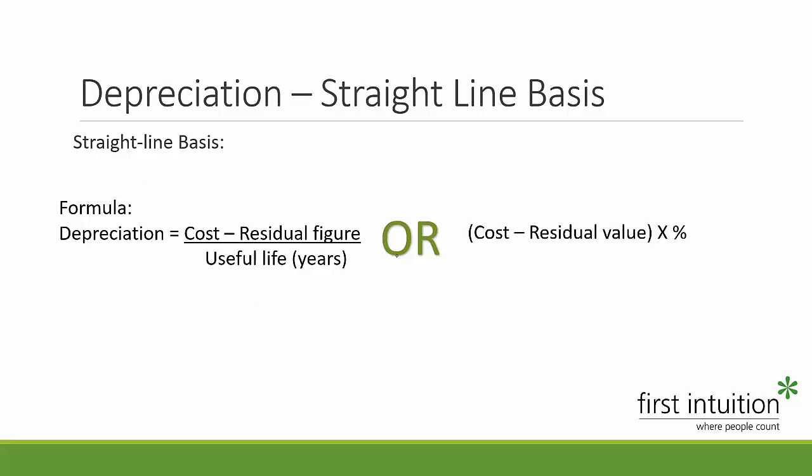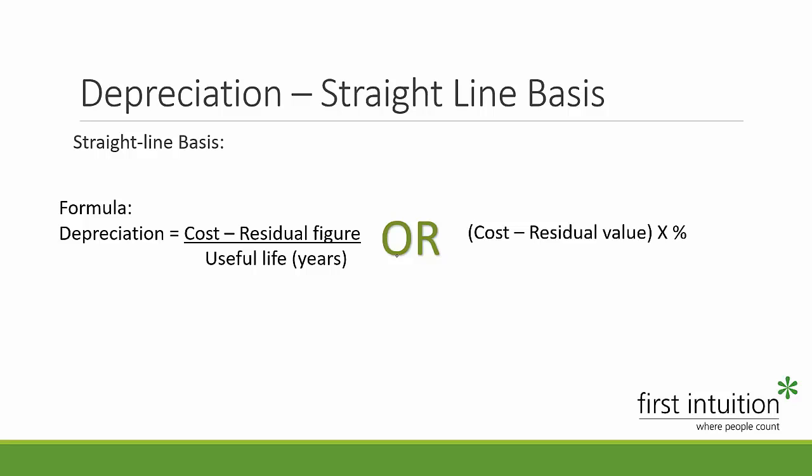Now, the thing you want to watch out for when you're using straight line depreciation is when there is a percentage applied to it. A very easy mistake to make, which I have seen happen so many times, is an individual will read the question, they'll see depreciation and they'll see a percentage figure and they automatically assume it's the diminishing balance method.